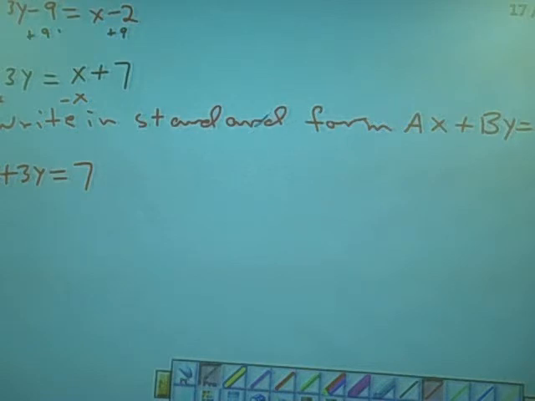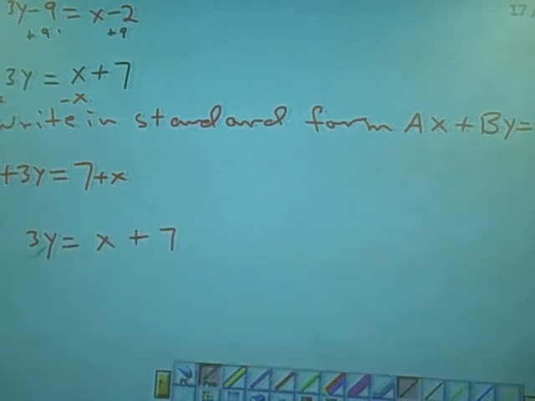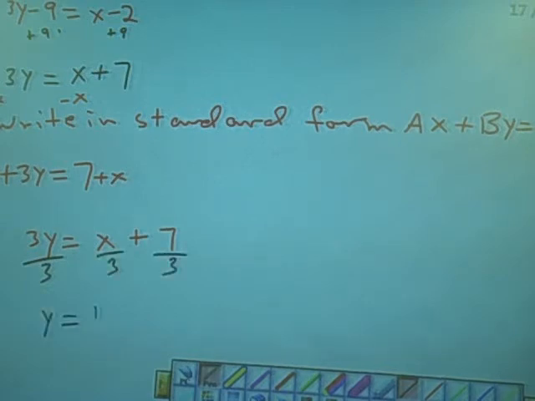So in this case, you would go ahead and add x, and you can get 3y equals x plus 7, and then divide by 3, divide by 3, divide by 3. We go y equals 1/3 x plus 7 over 3. Alright, and so your slope would be 1/3, and your y-intercept would be 7 over 3.